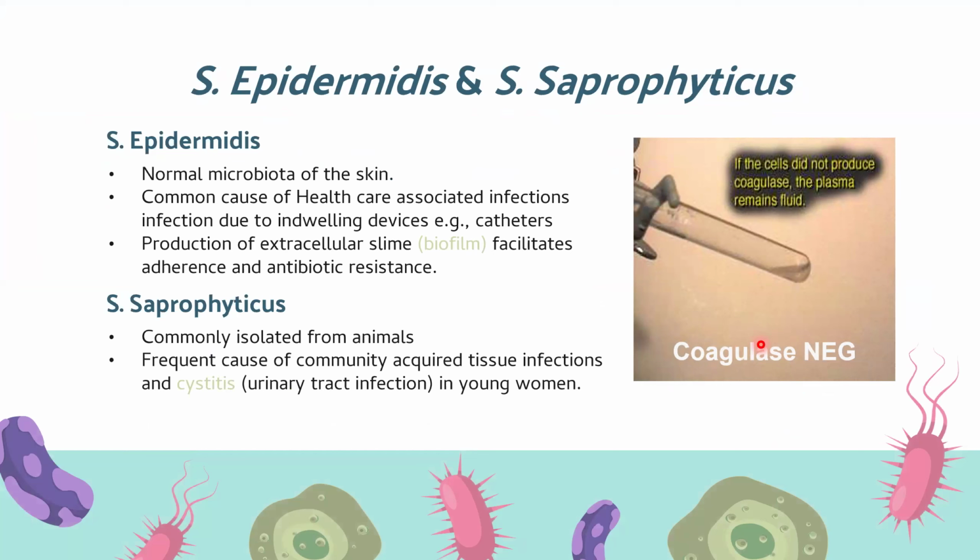What's going to happen is that this external foreign body is going to be a conduit to carry Staph epidermidis from the skin surface into the body. And Staph epidermidis is very unique in the sense that it creates slime on that foreign body that facilitates adherence and antibiotic resistance because it's very, very difficult to penetrate that slime, and that is called a biofilm.